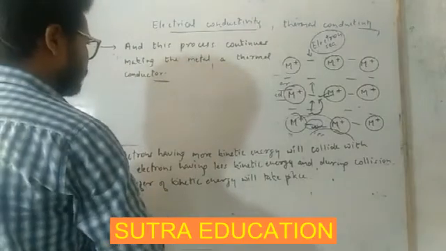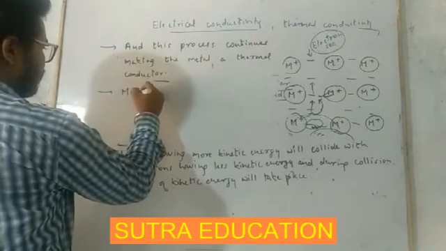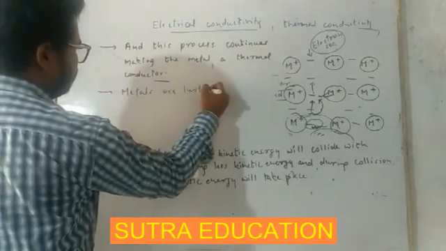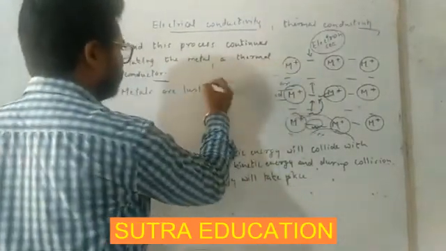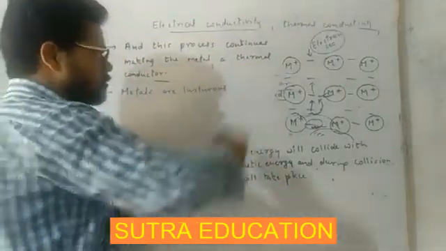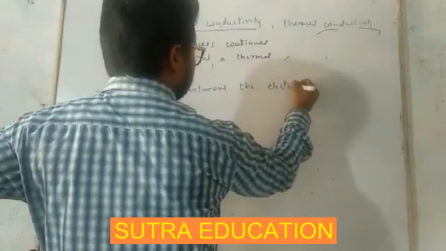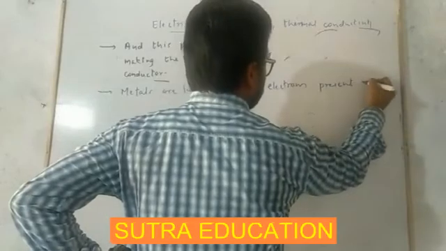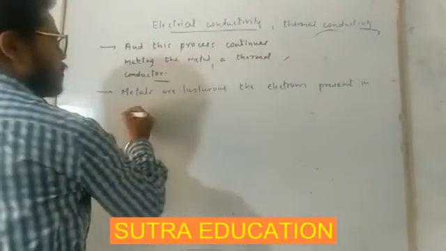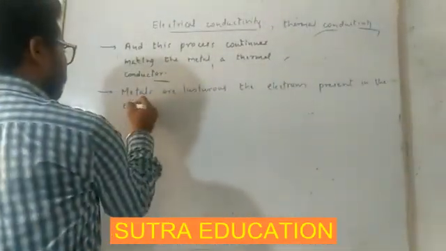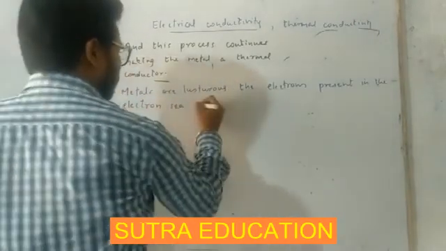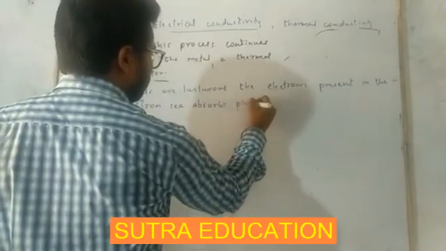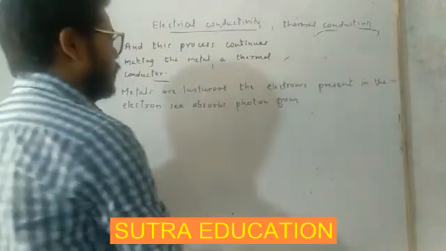So right here, metals are lustrous because the electrons present in the electron sea absorb photons from light.